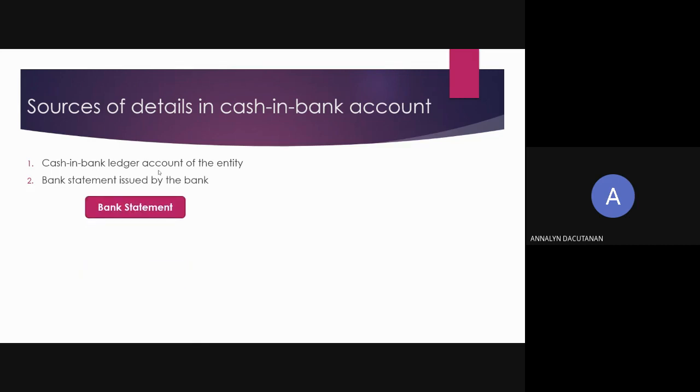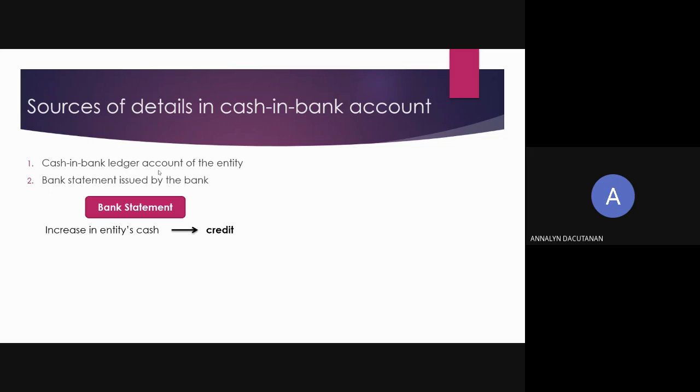So, si bank statement, okay? Ito si bank statement. Ito yung discuss natin last time, yung normally binibigay ni bangko. Increase in entity's cash, credit account. Diba last time, kapag nasa credit column, ibig sabihin, your account has been credited by 1,000.